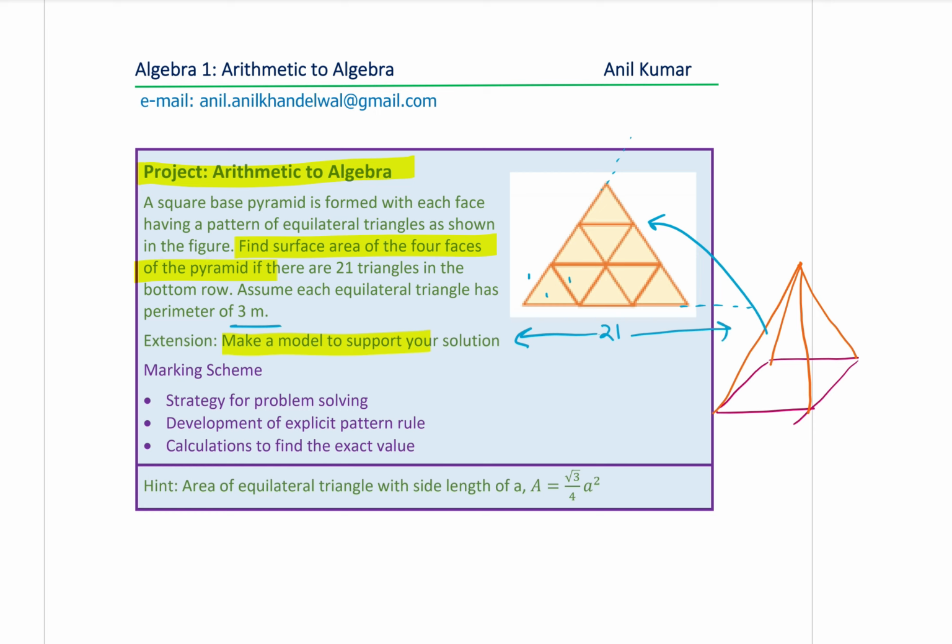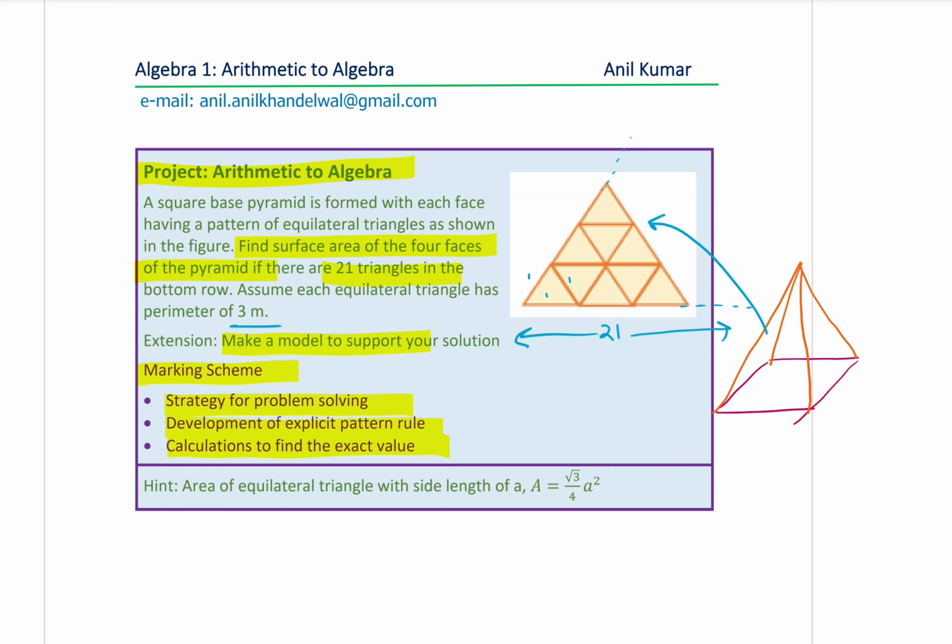What we are going to look into as our marking scheme for this is the strategy for your problem solving. How do you approach this question? How do you develop explicit pattern rules and relate the given information, which is that we have 21 triangles in the base? And then how do you calculate the exact value of the area?